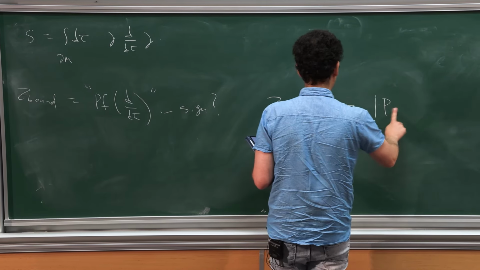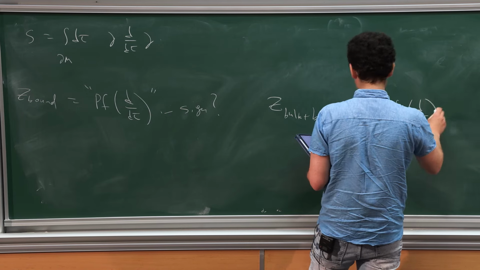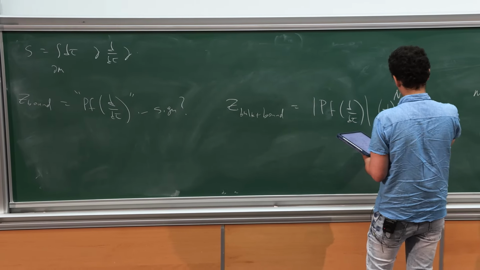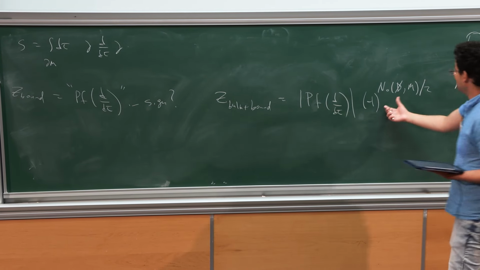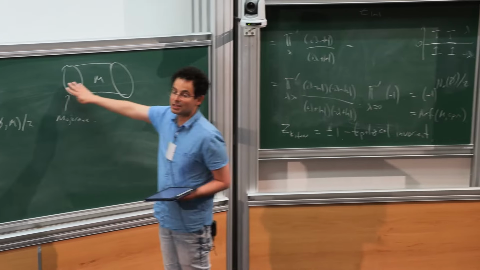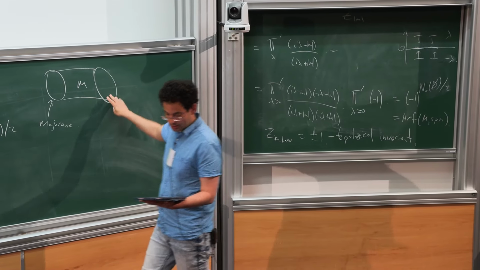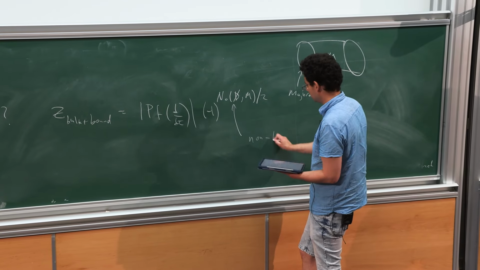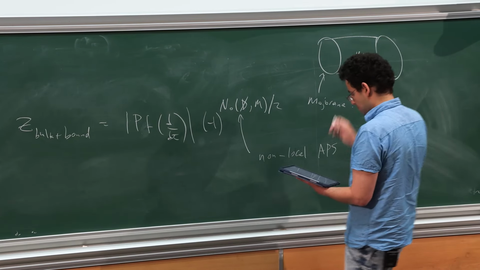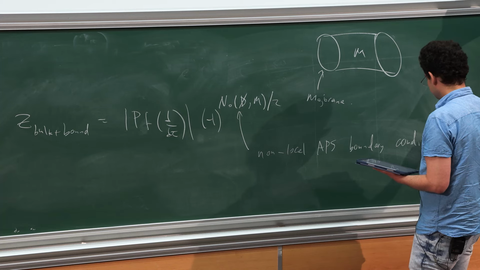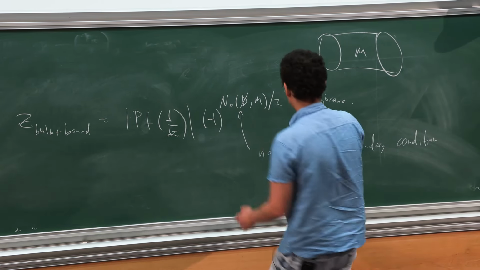You take the absolute value of the Pfaffian of the d/dt operator living on the boundary, and then you multiply by the bulk contribution, and here this is the number of zero modes of this Dirac operator that we worked with in the bulk before, but now you need to specify the boundary condition on this Dirac operator, and it turns out the right boundary condition is the so-called non-local APS boundary condition, Atiyah-Patodi-Singer.